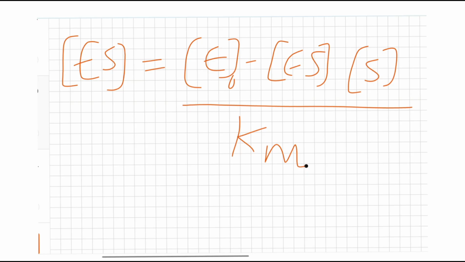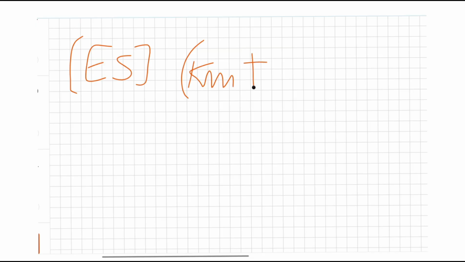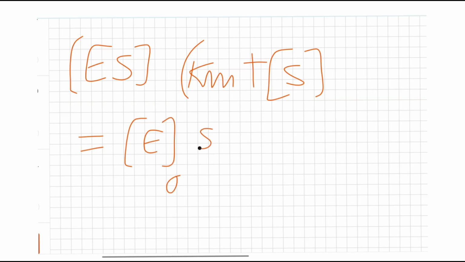So this is the equation. Now we have to solve it for the enzyme-substrate complex: ES times Km plus substrate gives E0 times substrate.